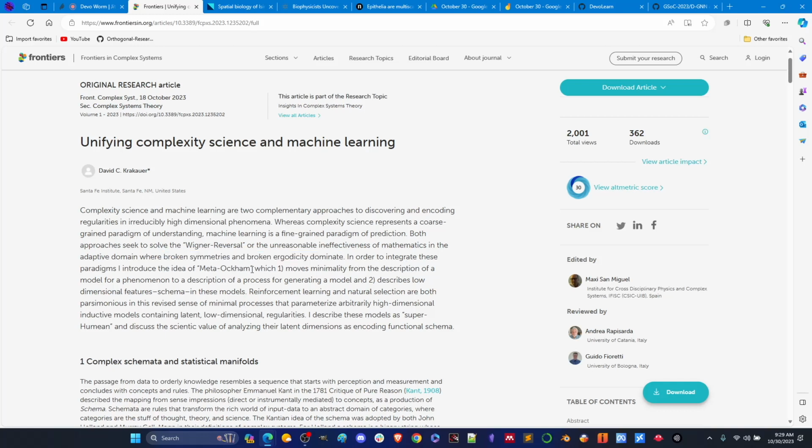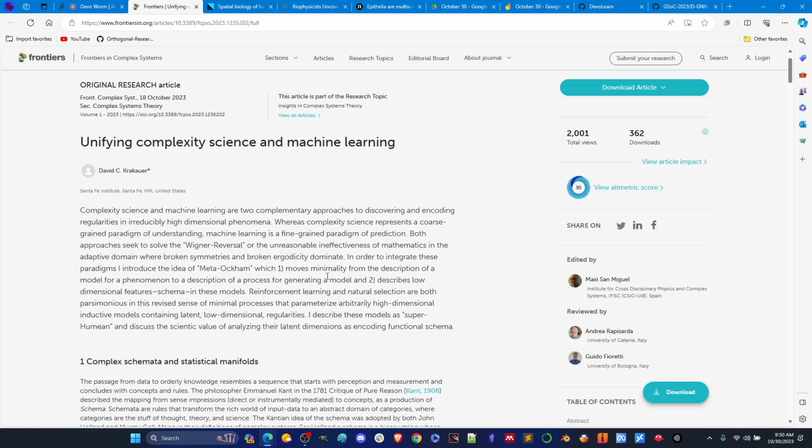In order to integrate these paradigms, he introduced a meta-Occam, which is like Occam's razor, where the simplest explanation is the best, except it's a meta rule that he made up. It first moves minimally from the description of a model to a phenomenon, for a phenomenon to a description of a process for generating a model.